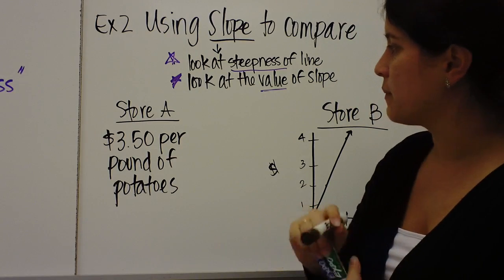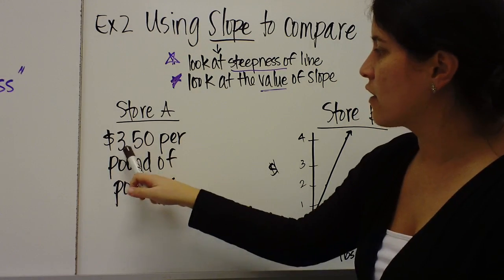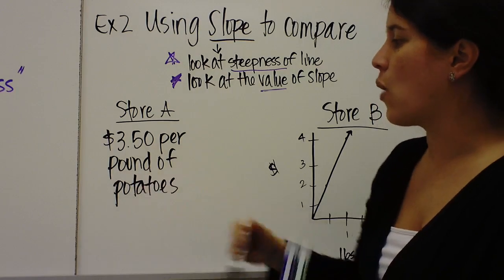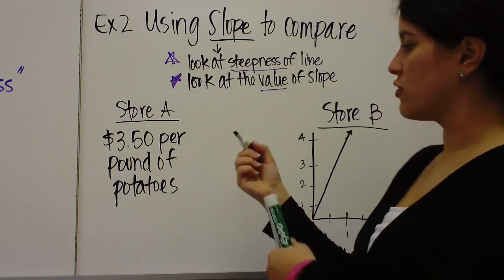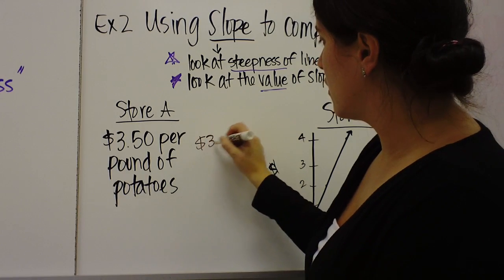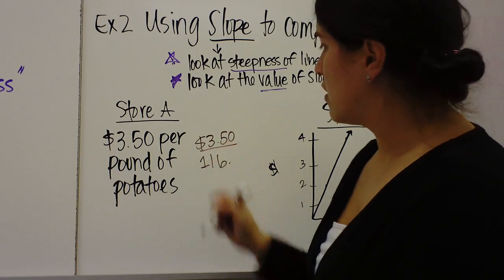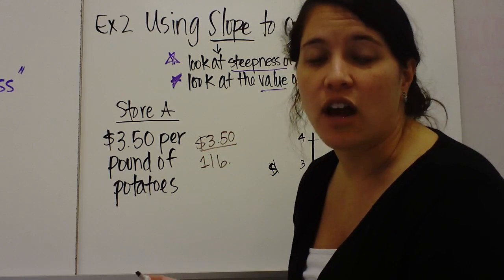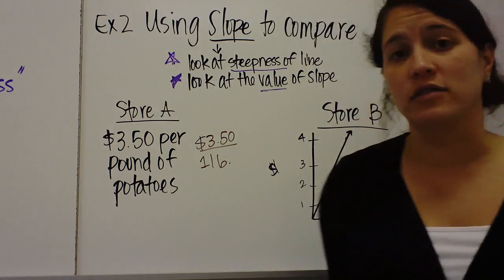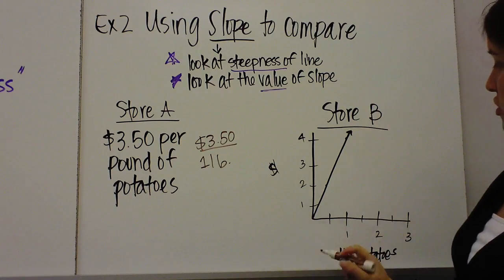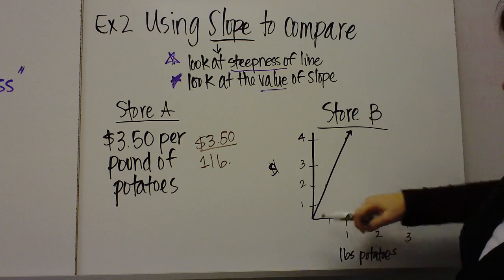For store A, we can get $3.50 per pound of potatoes. So for 1 pound of potatoes, it's $3.50. That looks like a unit rate, which we've done: $3.50 for 1 pound of potatoes. Over here we have a graph that's store B. Here are the pounds and here's the money.